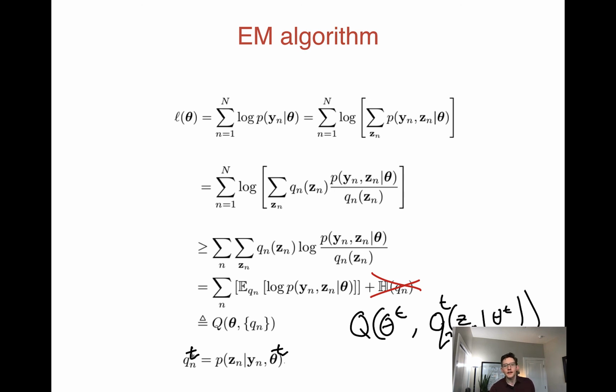It turns out that it tends to be much easier. So in a few slides, we're going to do a couple examples, and we're going to show how we can take the derivative of this term and in fact optimize it analytically in theta relatively easily for many problems.